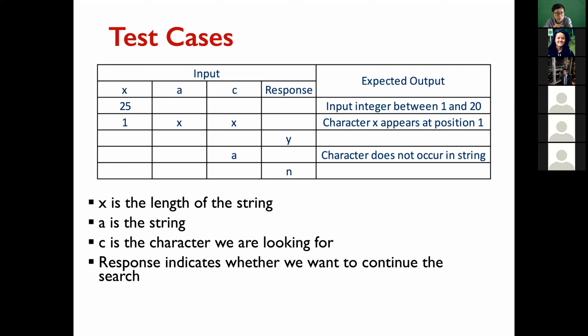And then we input the character x, and the output is that the character x appears at position 1. Then the response is yes, we want another search, and we put another character a, and the output is that the character doesn't occur in the string, because we only have x in the string. And response n, we stop.